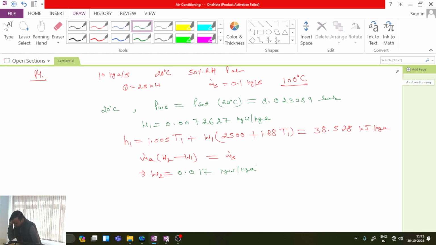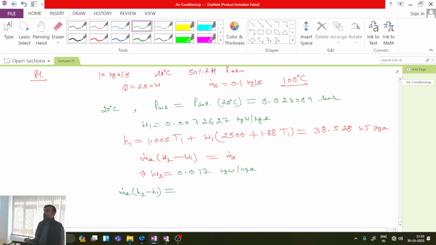We need to apply the energy balance. As per the energy balance, what will I have? M dot A into H2 minus H1 is the change in enthalpy. That must be equal to the amount of heat added due to the heater, which is Q at 25 kilowatt, plus whatever enthalpy the steam is carrying, so that is m dot S into Hs.